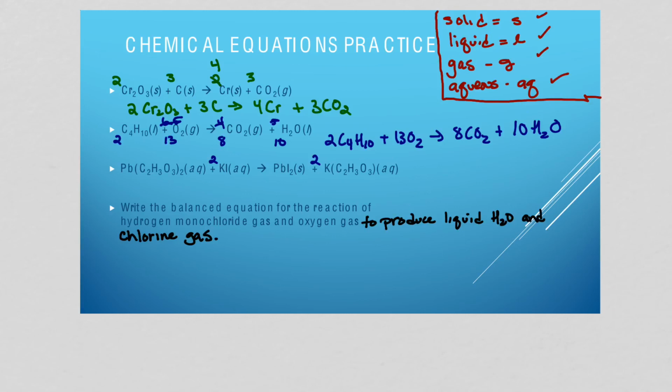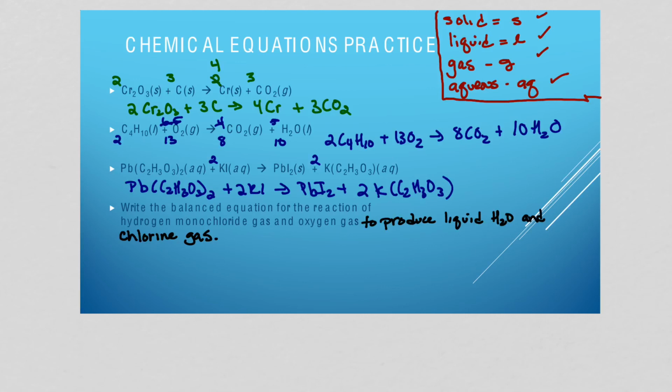So now we should all be balanced. 1 lead on each side, 2 acetates on each side, 2 potassiums, 2 iodides, and we end up with our balanced equation of Pb(C2H3O2)2 plus 2KI goes to PbI2 plus 2 potassium acetates.